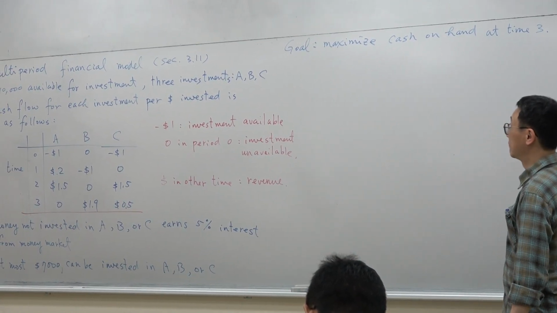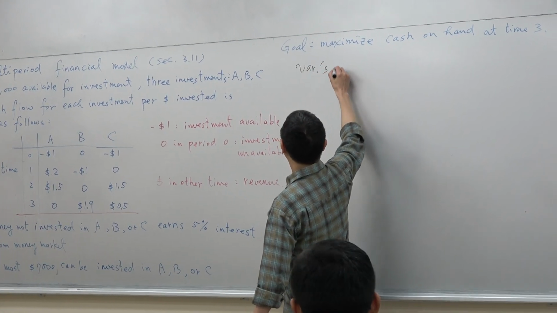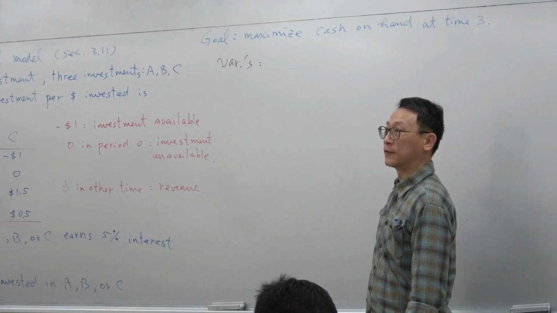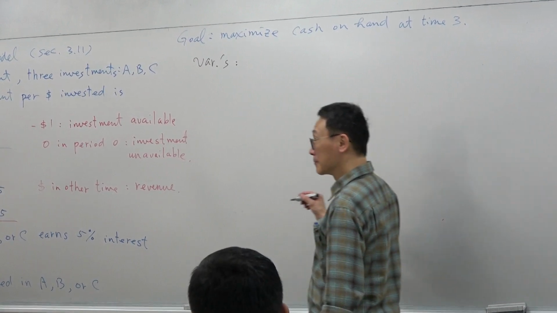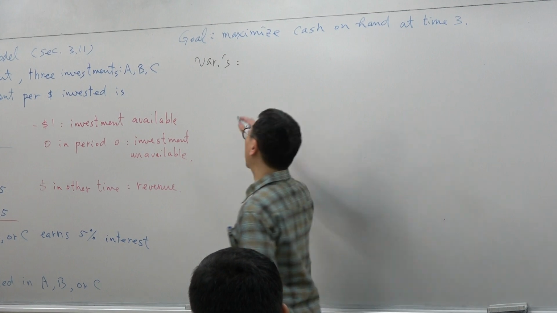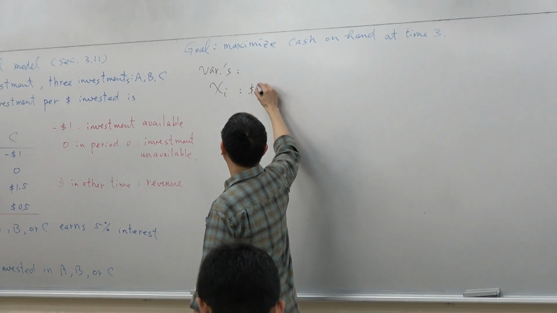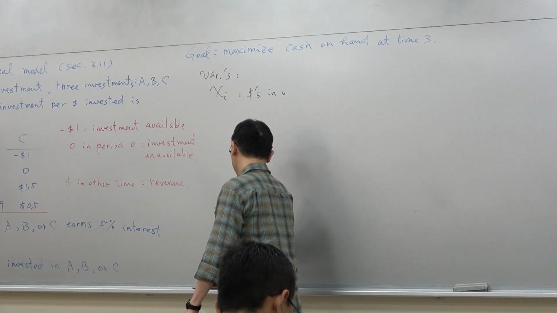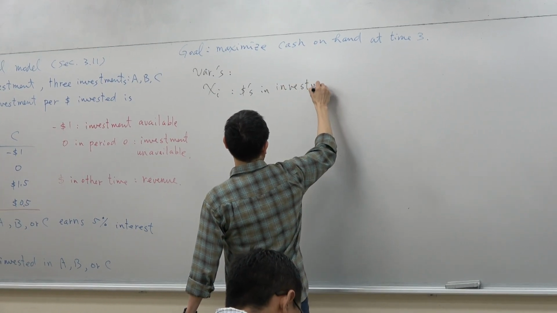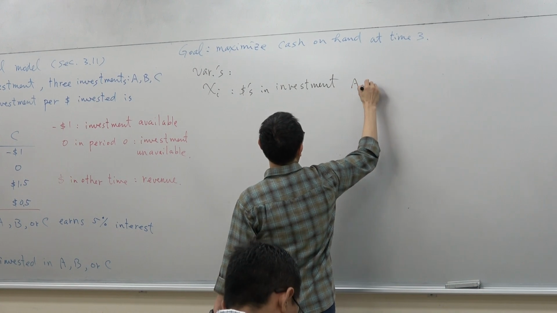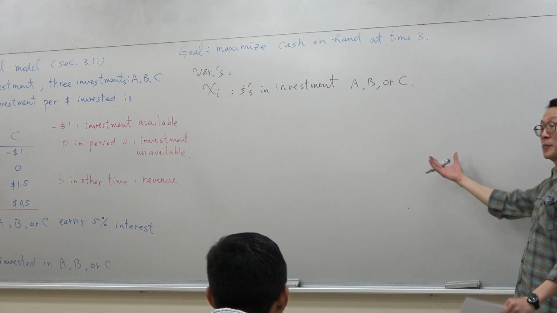So let's talk about the variables. We have xi in A, B, or C, so that way it will be XA, XB, and XC.